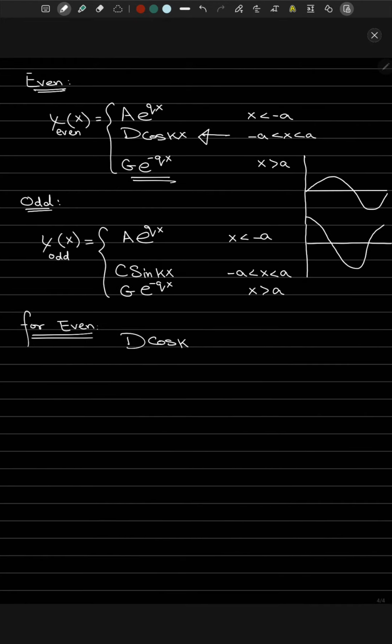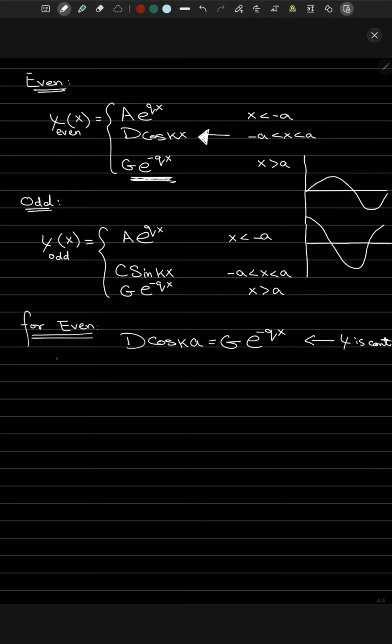So instead of writing x, I put a over here, and this should be equal to, well, this one was from the left hand side of the wall, that is x equals a, and it should be equal to approaching the wall from the right hand side of x equals a, which is this thing over here. So this should be equal to g e power minus qx, and this comes from the boundary condition that psi is continuous.